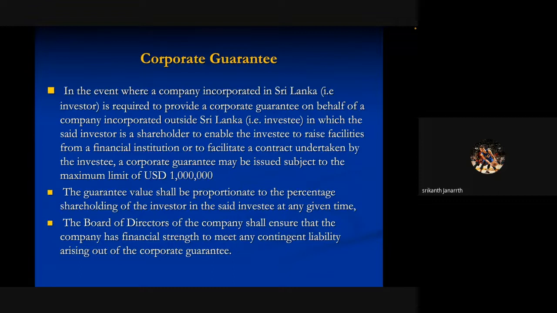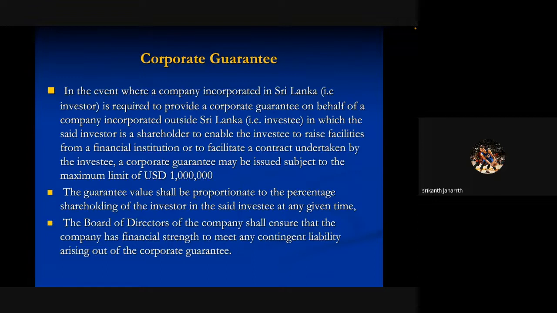The proportion or the limit. So the board of directors of Dialog should ensure that Dialog has enough financial strength, because when they issue the corporate guarantee, remember, if the ABC company in Vietnam defaults on the loan, the Vietnam bank is going to claim. When they claim under the corporate guarantee, Dialog has to pay. So the Dialog board of directors should be aware that it is giving a bank guarantee. They are committed.